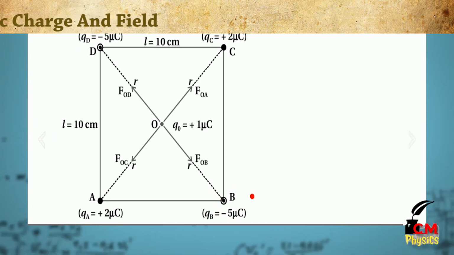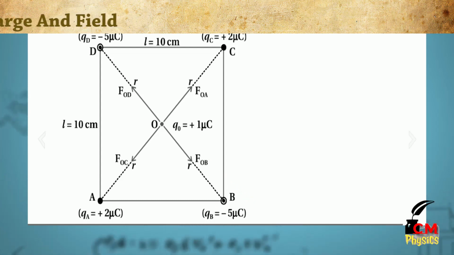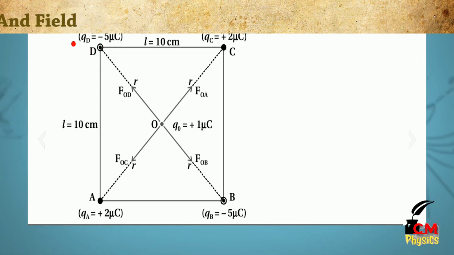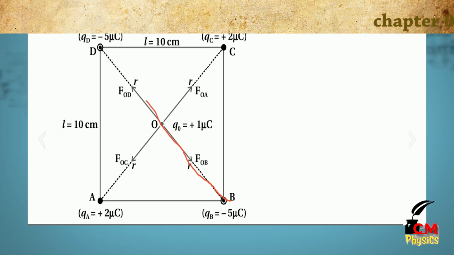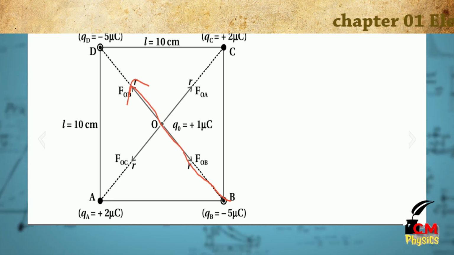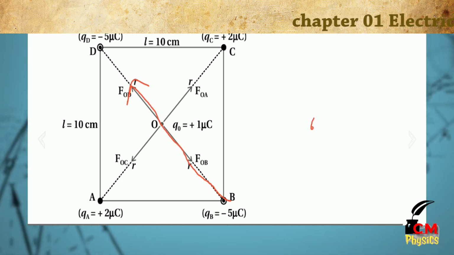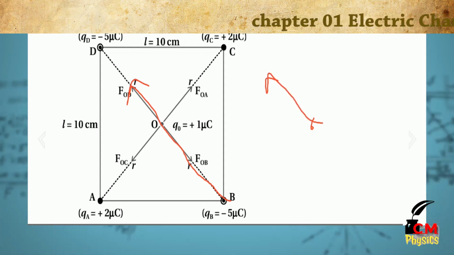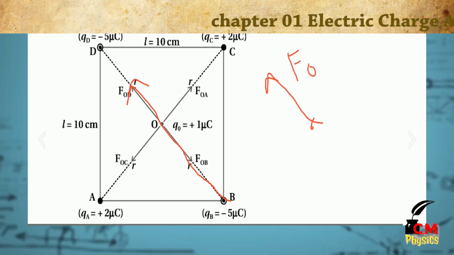B has a value minus 5 μC and D also has a value minus 5 μC. Due to B, the force on O is in this direction, and we name it the force on O due to B.